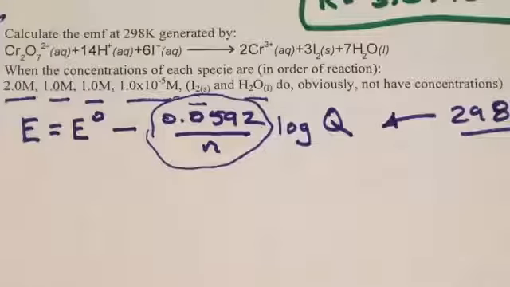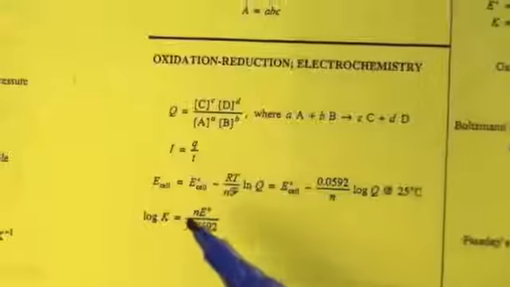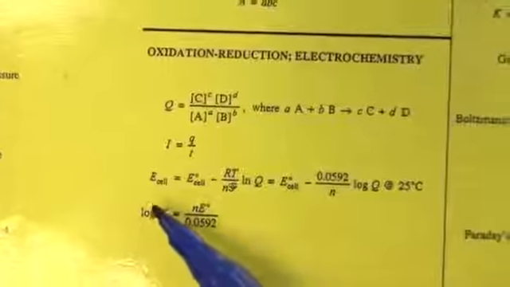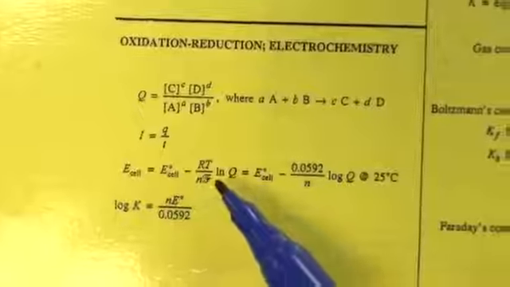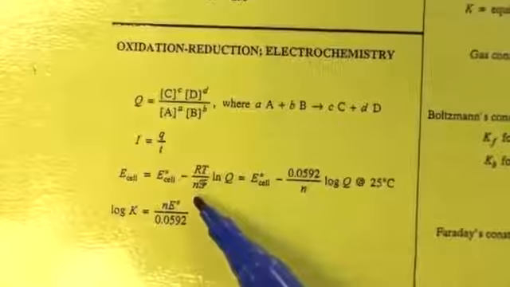And if you look on your periodic table and equation sheets, underneath oxidation, reduction, electrochemistry, you can see that here is E of a cell is equal to E cell minus RT over nF.